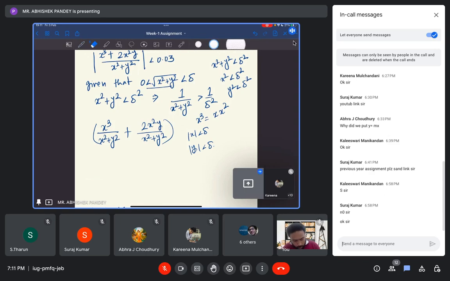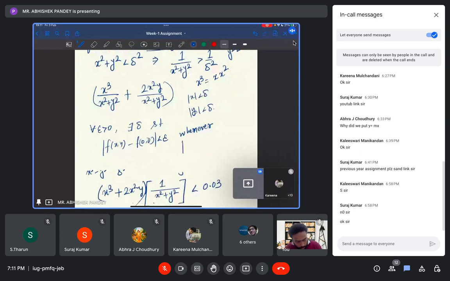See, ultimately what we are doing is checking the continuity condition. I mean, for every epsilon greater than 0, there exists a delta such that mod of f of x comma y minus f of 0 comma 0 is less than epsilon whenever the modulus of x comma y minus 0 comma 0, which is nothing but under root x square plus y square, this is the norm, let us say, is less than delta.